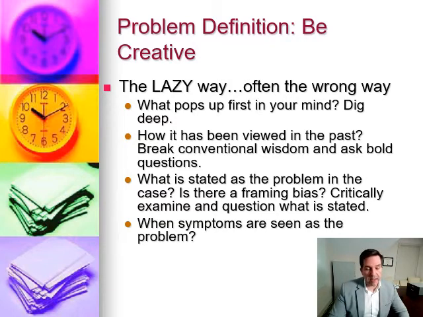You start reading, and the author who has written the case with a particular purpose in mind says something like, the main issue is, and it's like, aha, here is the problem. You need to realize that the person who wrote the case did so probably to teach a class, but what was happening at the firm at the time may or may not be induced by whatever problem the person identified.